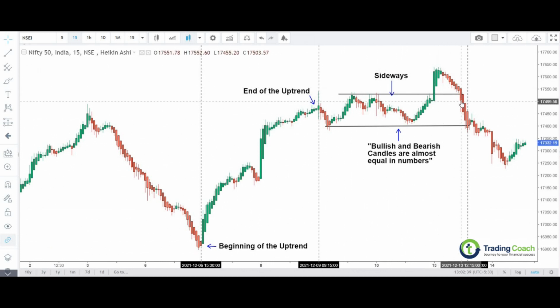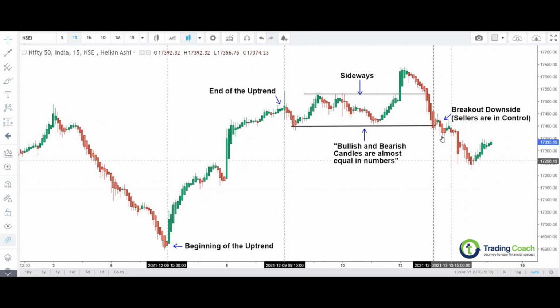Of course, this is a kind of false breakout setup. Right after this, you can see the prices continued to the downside, and it even broke the support level as well. From this particular point onwards, we can see a very good breakout on the downside. And since we see a very good breakout, we can clearly understand that sellers are actually in control of the market right now.